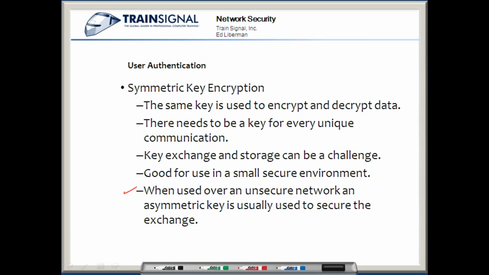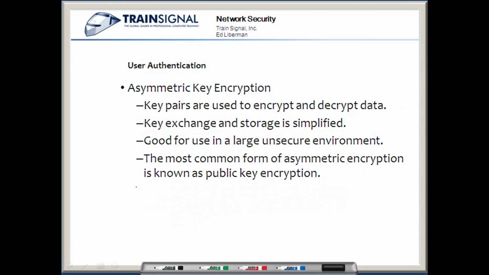Plus 6, plus 5, plus 4, plus 3, plus 2, plus 1. And you end up needing 45 keys for 10 people. So the number could get quite large, and that's why secure storage of these keys can be a challenge. And therefore, symmetric key encryption is only good for use in a small, secure environment.